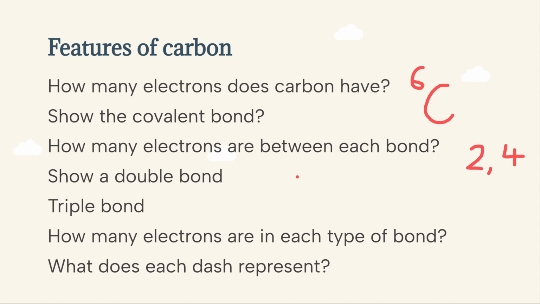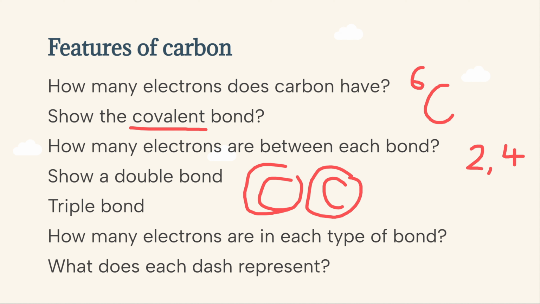When you think about covalent bonding, you're thinking about sharing of electrons, right? So if we draw two carbon atoms, and we draw the valence shell only for our bonding diagrams, using dot and cross, I have 4 crosses for one of the carbon atoms and 4 dots for the other carbon atom.